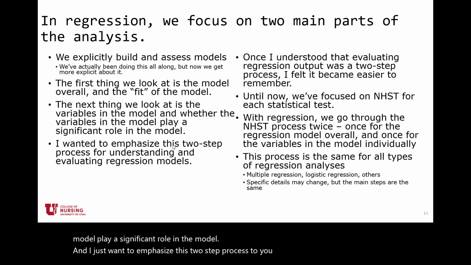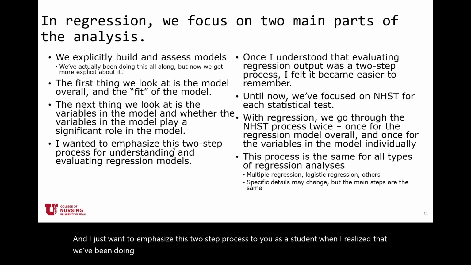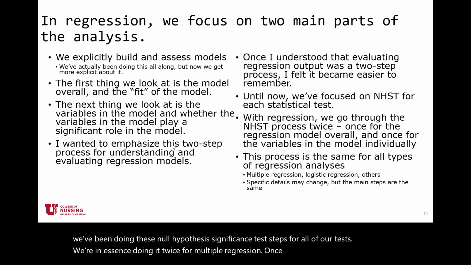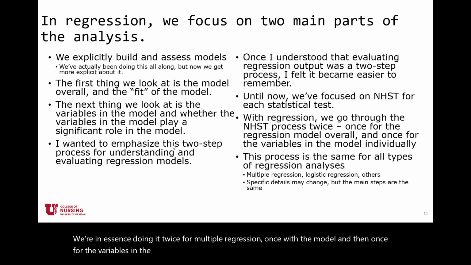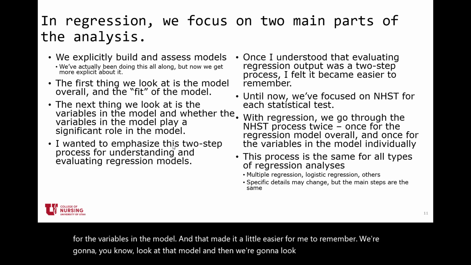As a student, when I realized that we've been doing these null hypothesis significance test steps for all of our tests, we're in essence doing it twice for multiple regression, once with the model and then once for the variables in the model, that made it a little easier for me to remember. We're going to look at that model, and then we're going to look at the individual variables.